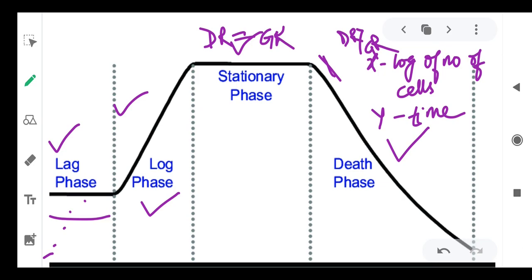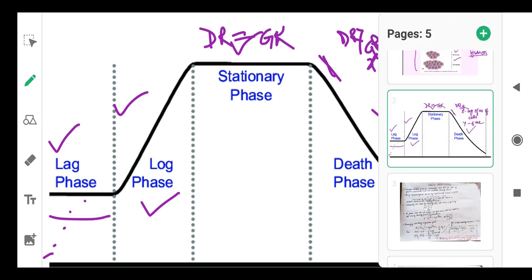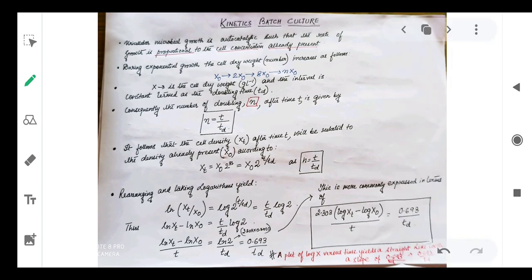And depending upon the growth curve, the nature of bacterial growth, now we will move on to the kinetics of batch culture. Now, before we move on, we first need to understand what a batch culture is. Till date, what we are discussing in the growth curve is a batch culture. Why? Because the system is closed.